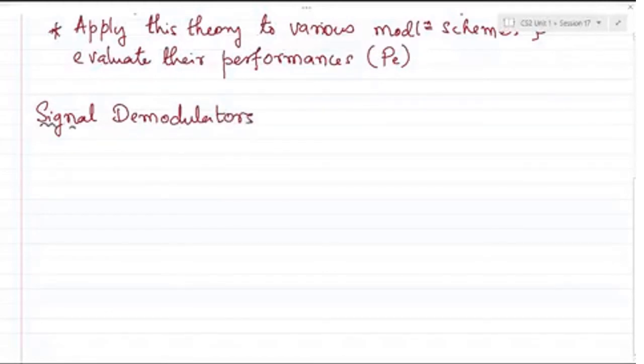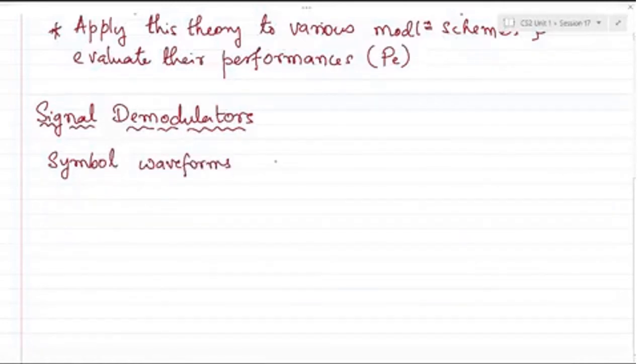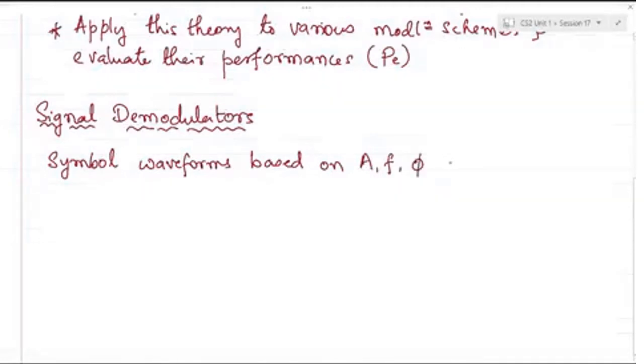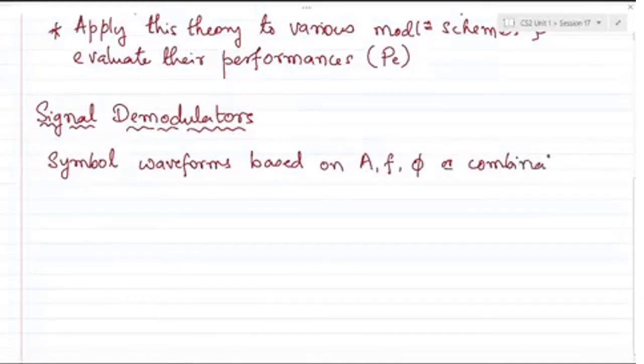Okay. First we need to demodulate the received signal before we pass it through the successive blocks. We know that the symbol waveforms, the continuous waveforms transmitted from the transmitter, are based on variations in the amplitude, frequency or phase of the carrier, or combinations of more than one parameter.